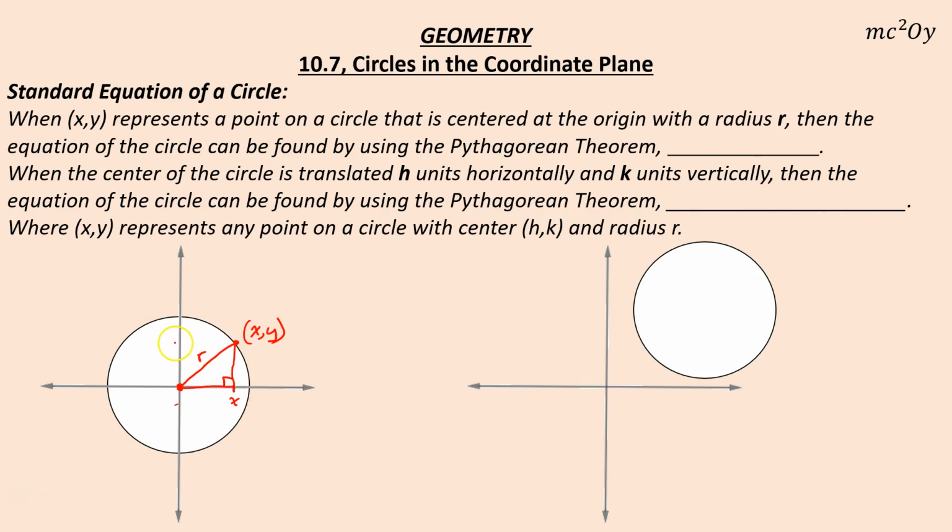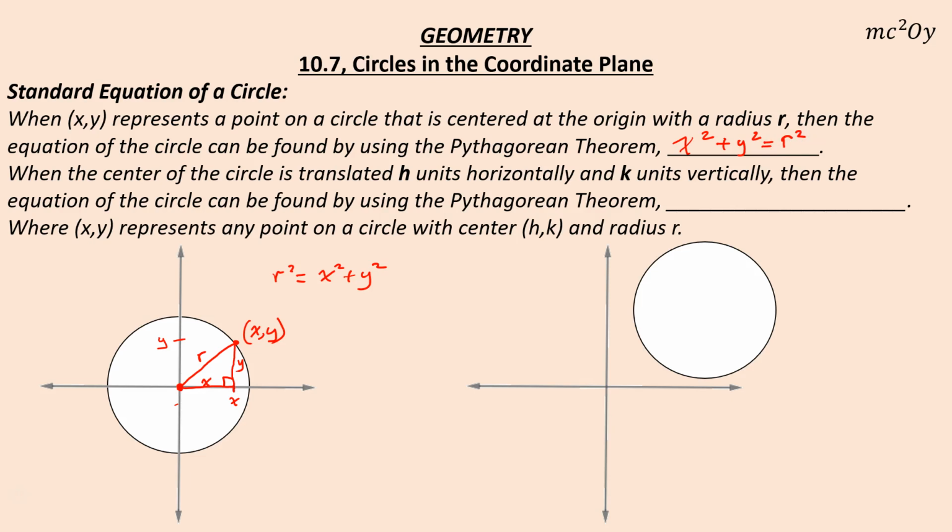And this side has a length of y, because from 0 to y is y. So we can use the Pythagorean theorem to find that r squared is equal to x squared plus y squared, or x squared plus y squared equals r squared. And that's when it's centered at the origin.